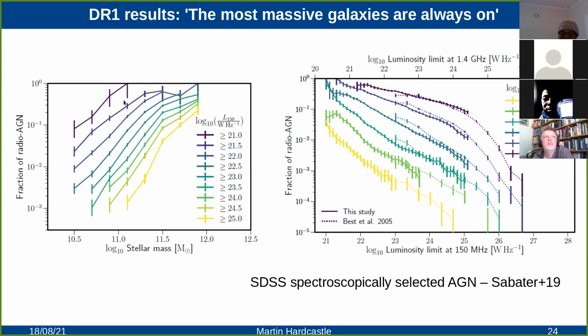Some of them look unresolved, and some of them just disappear at high resolution. So I think the nature of those low power sources is still something we don't know about, and it's something I haven't really worked on because I like the big bright ones that you can resolve and understand the physics of. But it's definitely an interesting question.